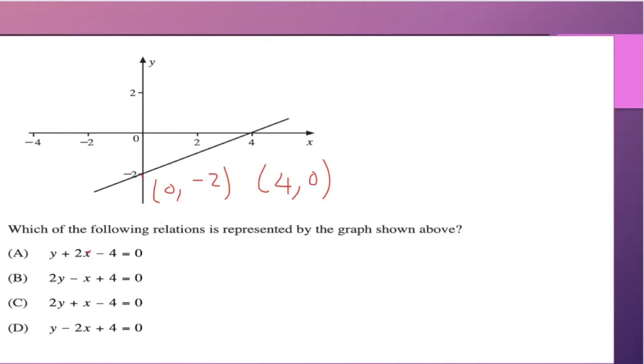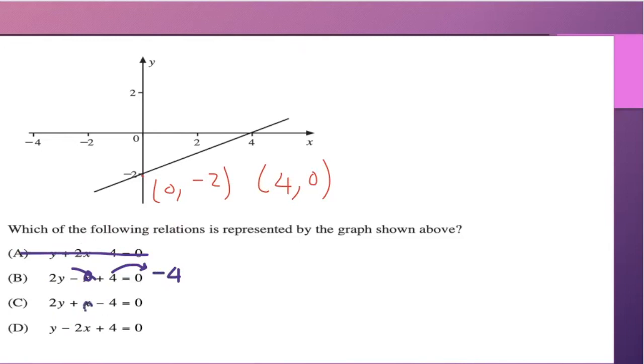So now I put x equals 0 here. This will be gone, but when I carry it over, I'm going to get a +4. So that means I cannot use this. When I put x equals 0 here, now this will be gone, and I will carry this over, so it becomes -4, and then when I divide it by 2, I get -2.